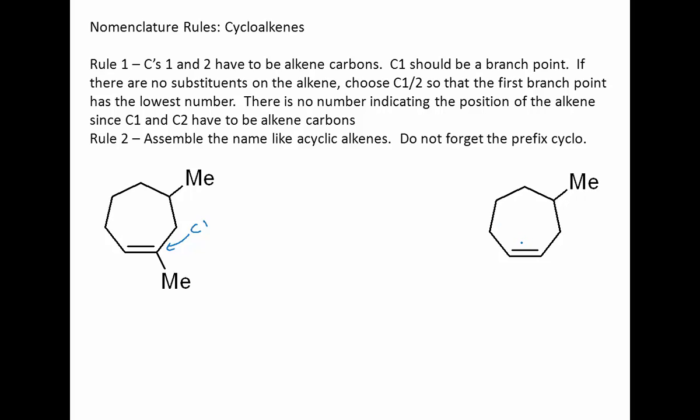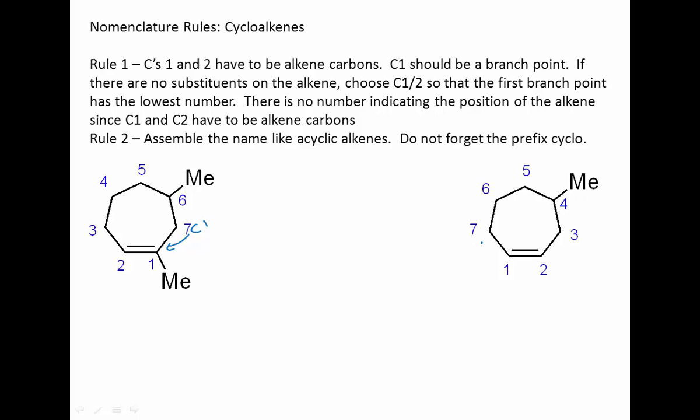In this one right here, there's no preconceived notion as to what C1 and C2 is because neither carbon here has a substituent other than the remainder of the ring. So we can choose either one of these as C1 or C2. Let's look at how we name these.